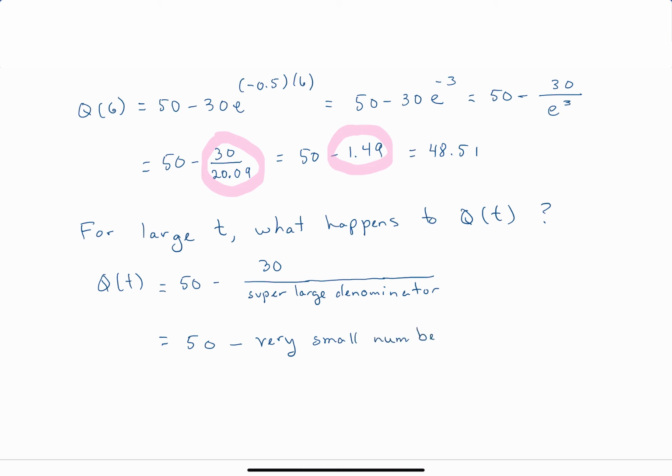And so as you're subtracting less and less and less from 50, the values will actually approach 50. So we would expect that eventually an employee could assemble approximately 50 units of the product.